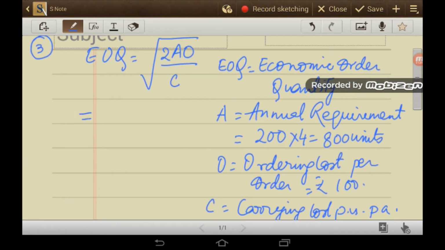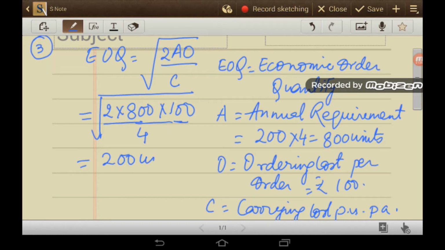So we need to just put the values in this formula. So square root of 2 into 800 into rupees 100 divided by rupees 4. So this gives 200 units. So EOQ is 200 units.